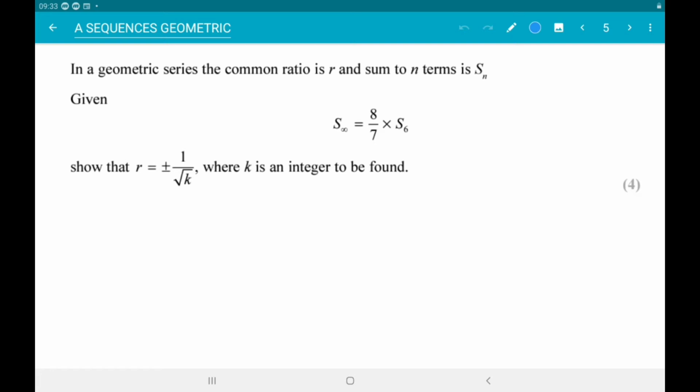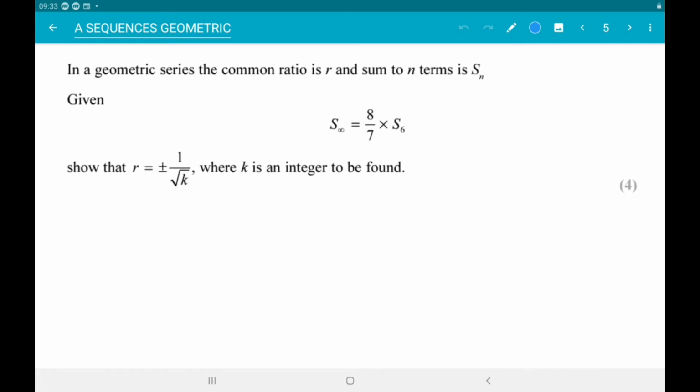Alright, so what we're going to do is use the formulas for the sum to infinity and the sum to 6.